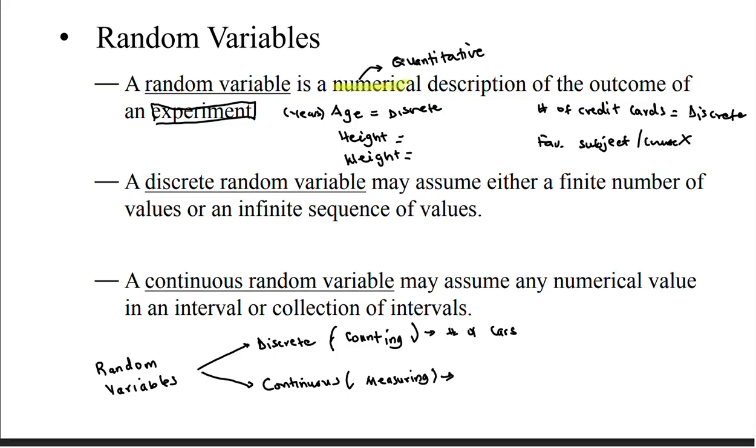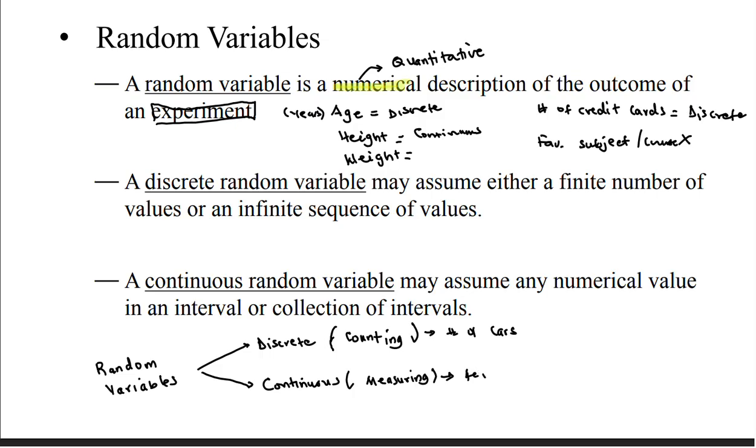And so we obtain the height of a person by measuring, and therefore height is considered to be a continuous random variable. Why? Because we obtain the values by measuring. The values of a continuous random variable may assume any numerical value in an interval or collection of intervals.